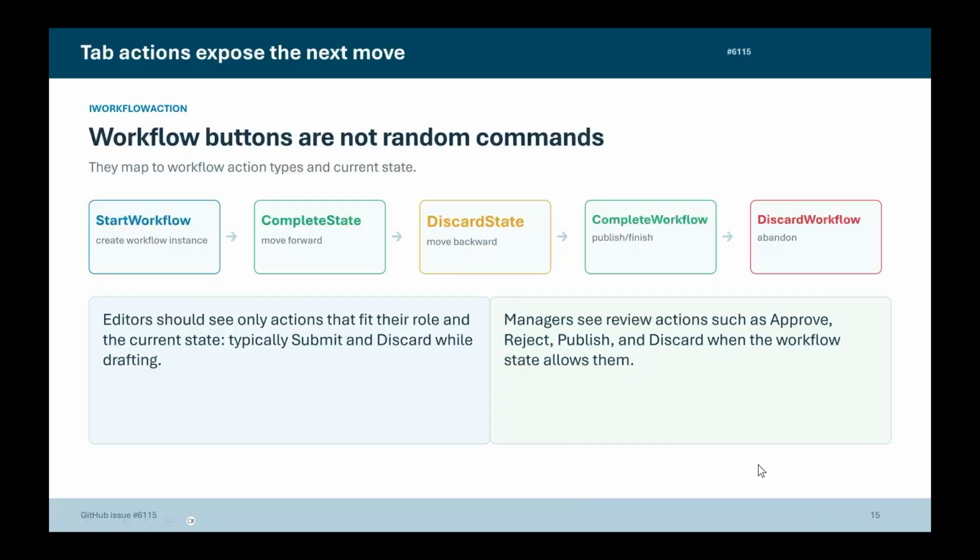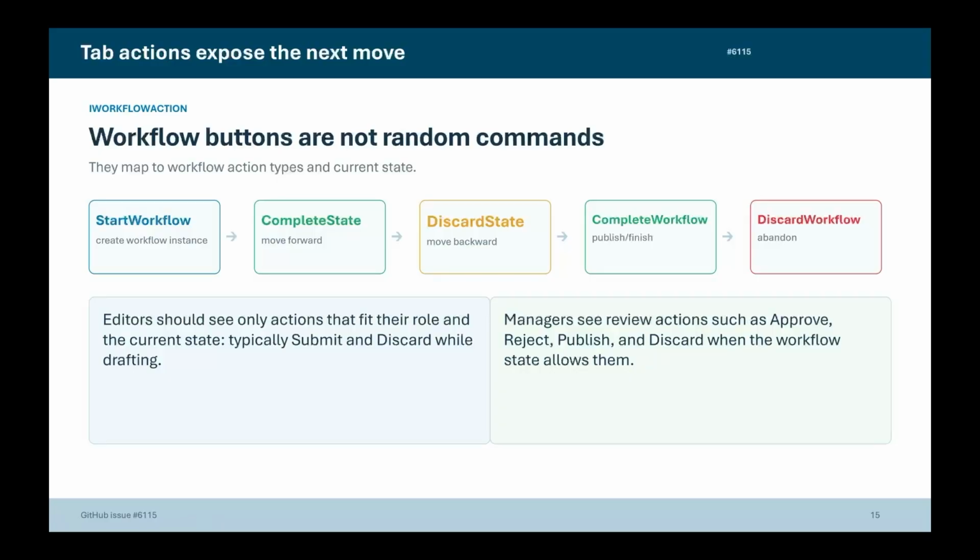And now, when workflow is enabled, for instance, and we have that content approval workflow, there are some states that happen with the page and with the module and content, if the module implements that. So we have start workflow. Then we can move with the complete state action. We can move between states that exist within the workflow.